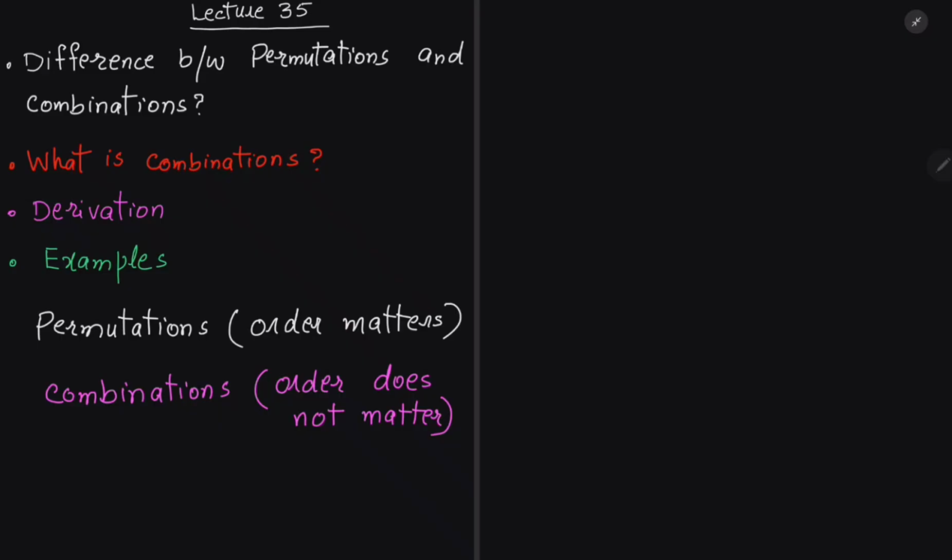One thing we must understand before I move to the example: there are some scenarios where permutation is important. For example, it is important to schedule a train or any other transport.